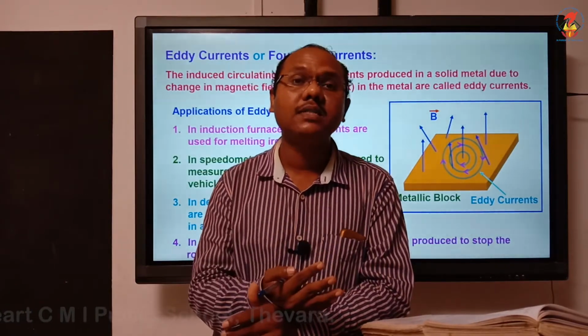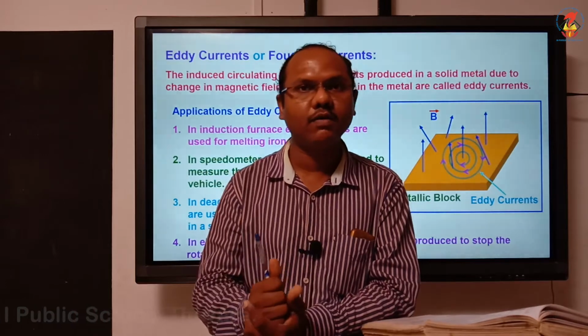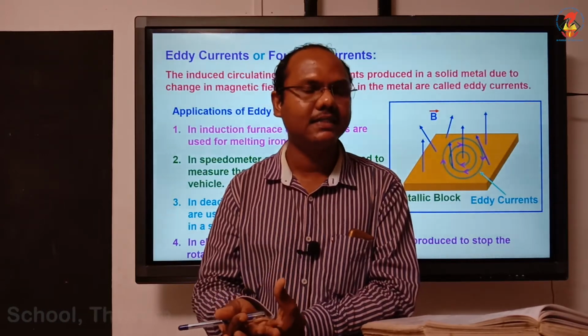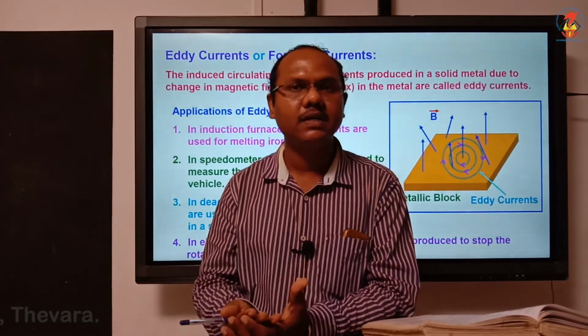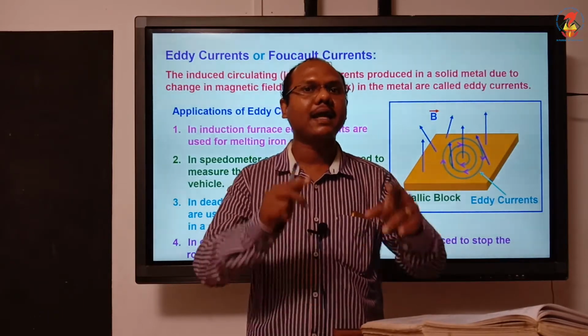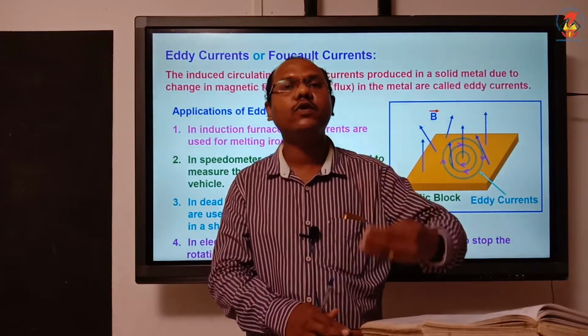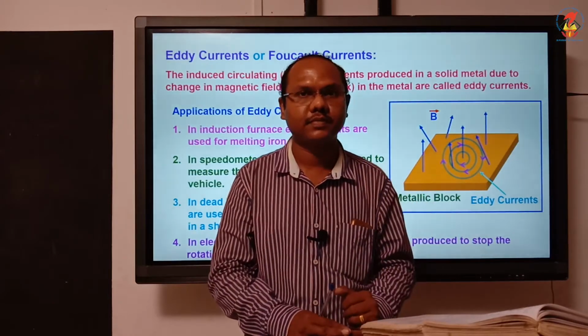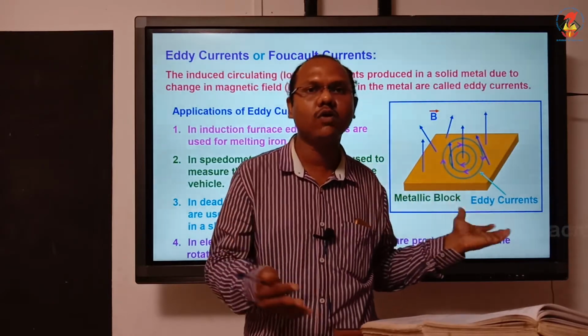This problem comes in the case of a transformer. We already studied in 10th standard. The transformer is made up of a rectangular coil wound on an iron core. Iron core is the metal block.